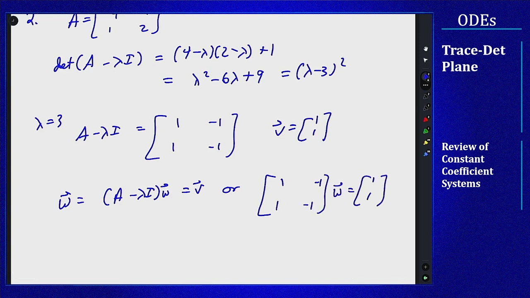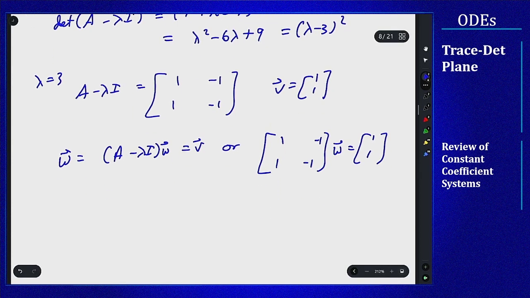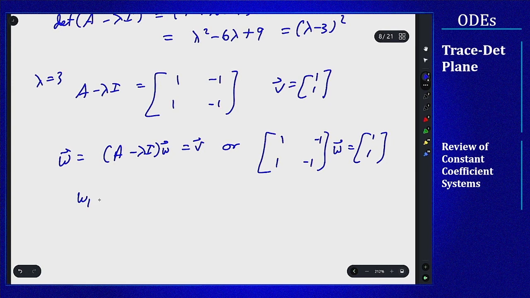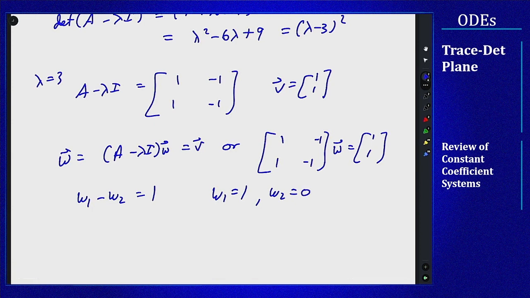If we put in a vector W1, W2 for W and work this out, this will tell us that W1 minus W2 should equal 1, and that's what both equations tell us. So we can pick anything to make this work. I will pick W1 equals 1 and W2 equals 0. Anything else you pick here is totally fine, provided it satisfies that equation.